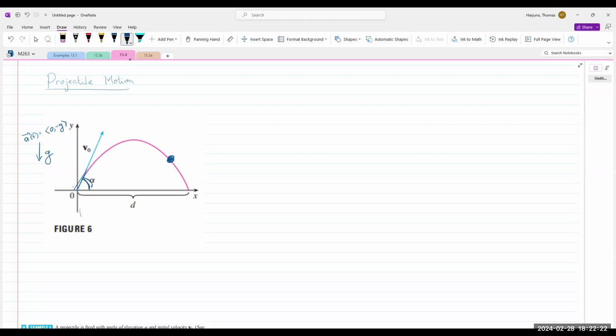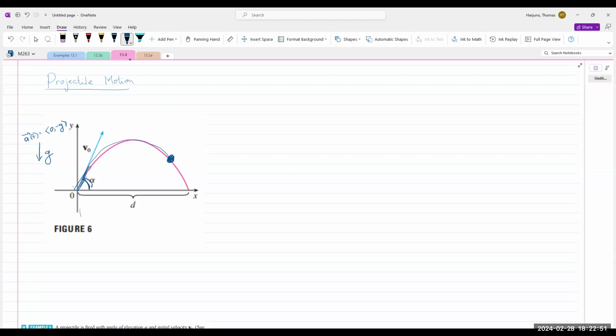Let's say you shoot a bullet, then the initial velocity is fixed, but at what angle should we shoot it such that it will hit that thing in the air? Let's call that a drone, maybe. If you have a drone flying in the air, then you ask yourself, if I want to hit that drone, at what angle should I shoot it, and at what initial velocity, such that it hits that in the air?